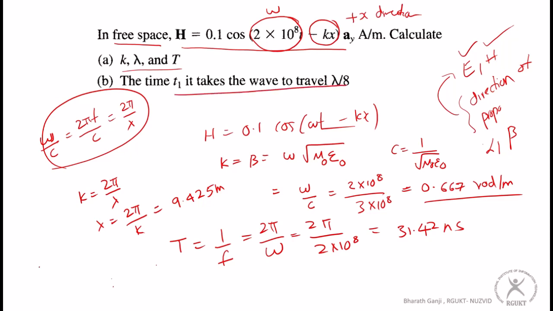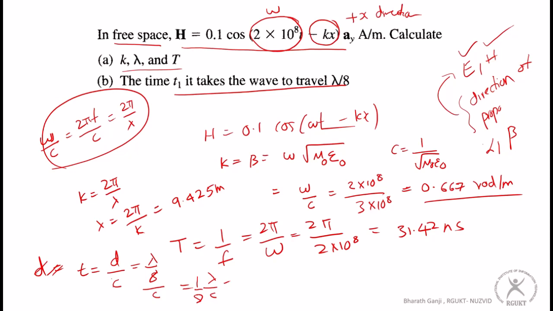And the question asks for what is the time taken by the wave to travel a distance of lambda by 8. So time is equal to distance divided by the velocity, which is c, right? So it is lambda by 8 divided by c. So it turns out to be lambda by c into 1 by 8.